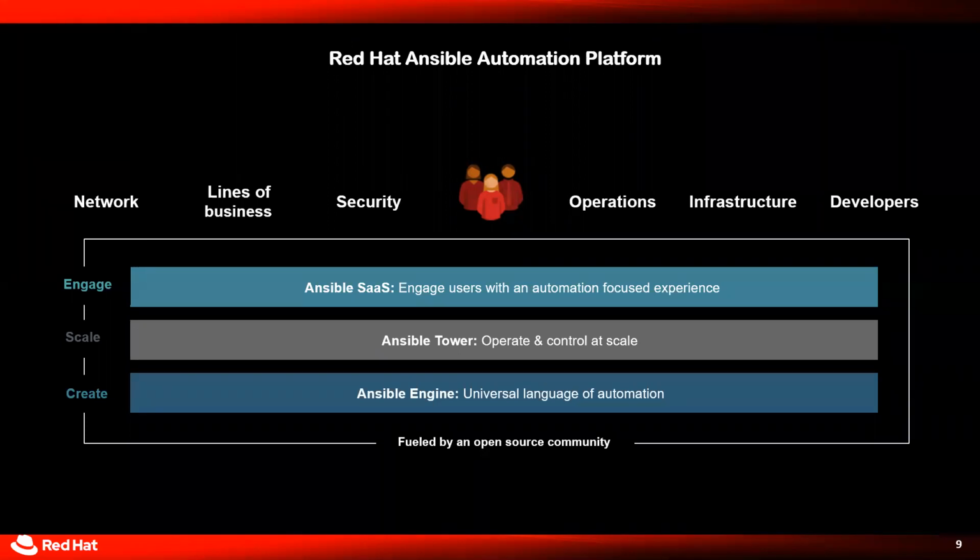Just to give you a heads up, Ansible Engine is a universal language of automation where people can use a common language to write a script, and Ansible Engine is the core part of Ansible automation, which drives the entire automation. And Ansible Tower is used to operate and control the operations, and it sits on top of Ansible Engine.